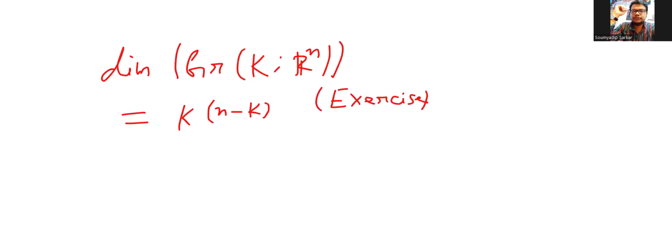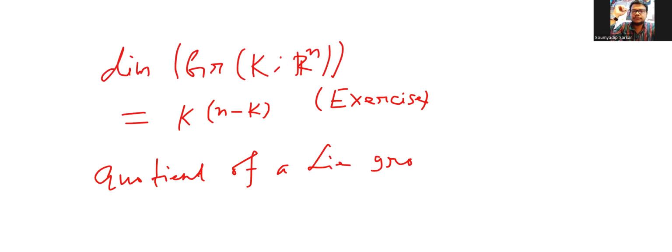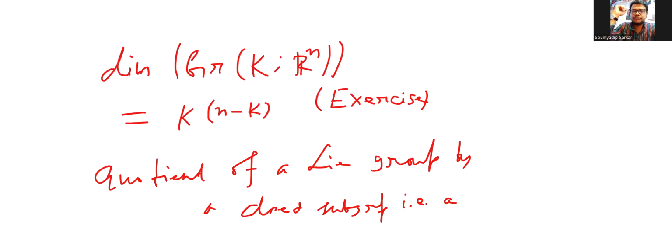This is just k into n minus k, and this is an important object because it's a quotient of a Lie group, a quotient of a Lie group by a closed subgroup. That is a homogeneous space.